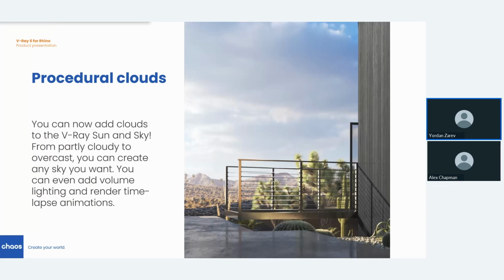Okay, moving on to a few features that come in handy more in traditional architectural visualizations rather than in product design. And the number one is the procedural clouds. So right now, instead of using an HDRI and trying to figure out which HDRI works best for your image, you can actually create your very own using just the V-Ray sky and sun system by adding our procedural clouds to them.